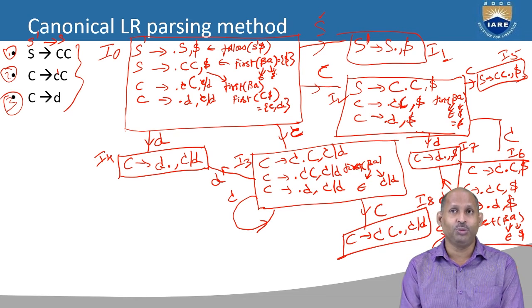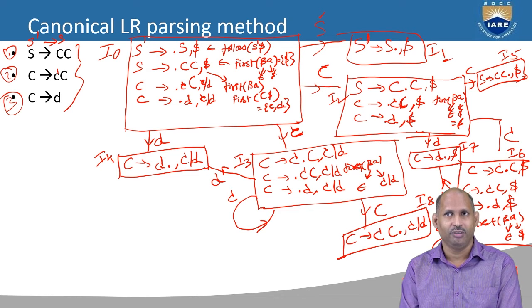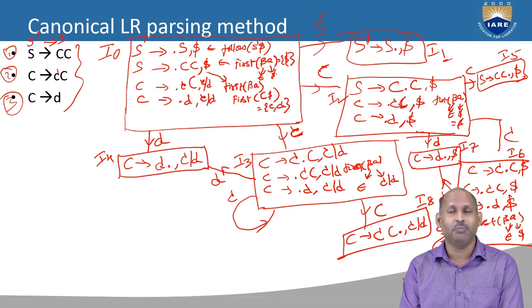Dot followed by a variable, we must include that variable's productions in the closure. Now, to find the locate symbol for these productions, we must consider first of beta A. First of beta A. Right?